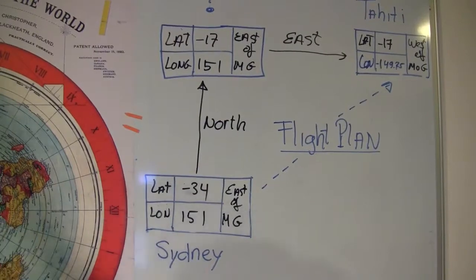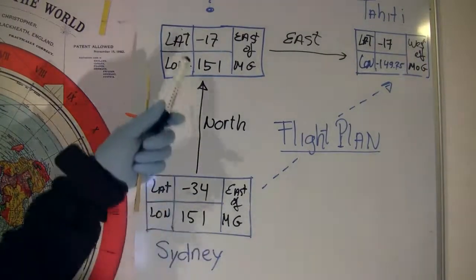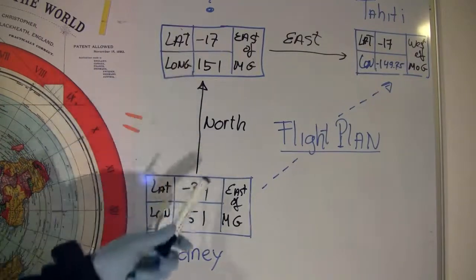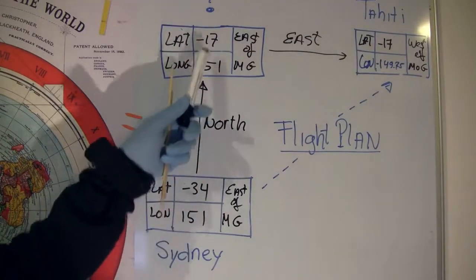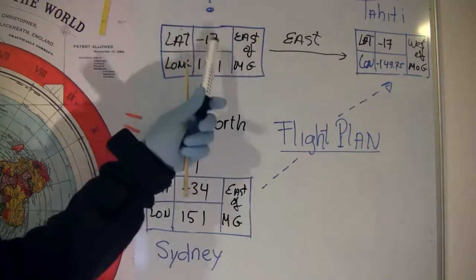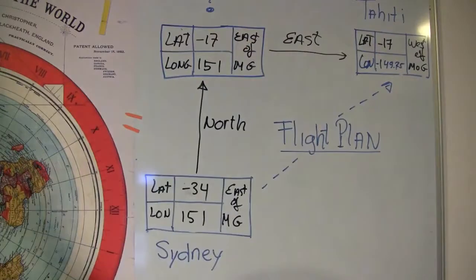We can also measure the distance from Sydney to this location, our turning point. First we have to fly north, and when we reach latitude 17, turn east, and we can also measure from this location to Tahiti.